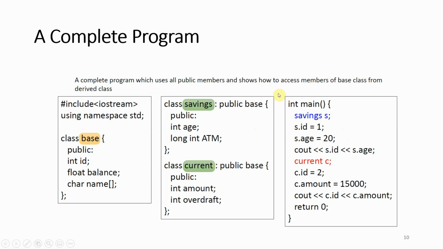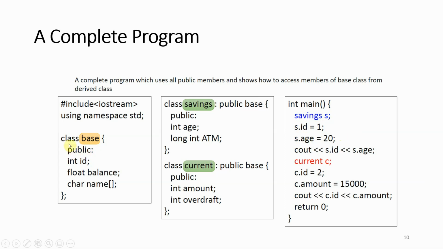This shows an example of the same classes: class base, class savings, class current or checking. They are inherited from class base in the public mode. Again, I'm going to talk about this later. And so you can see that we can just have access to the member variables of S using the dot operator.